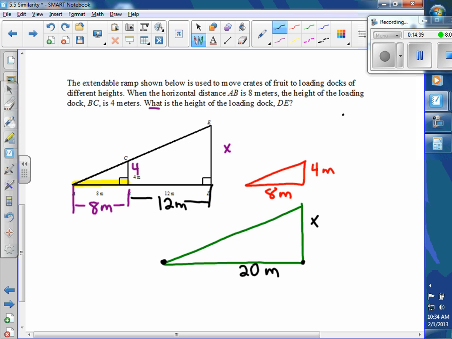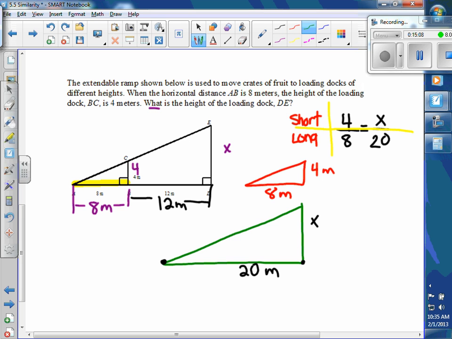So to find X, we're going to say 4 compares to 8. So the short side of one triangle to the long side of the same triangle is equal to X over 20. So again, if you think about this in a table, you can compare short side to long side.